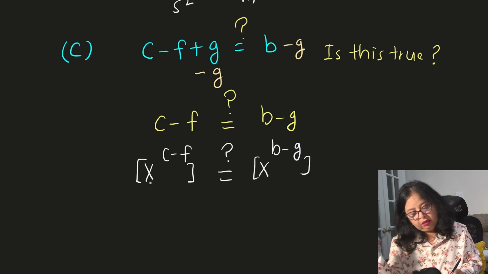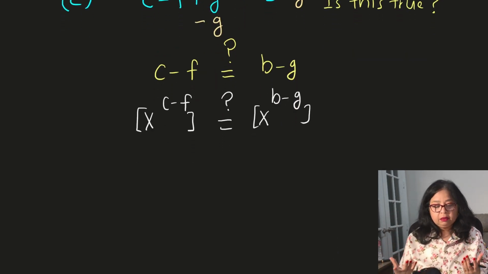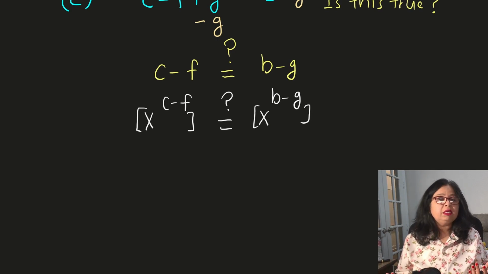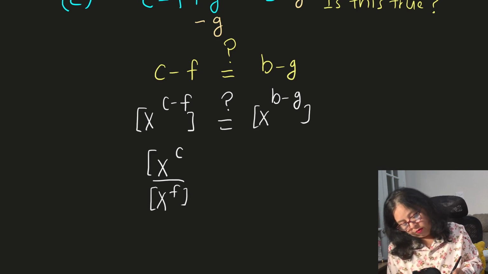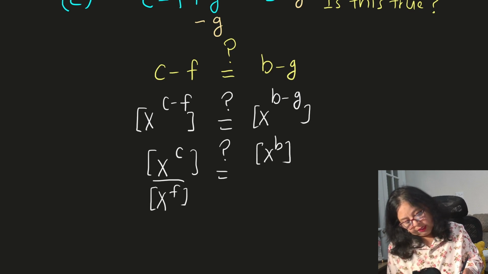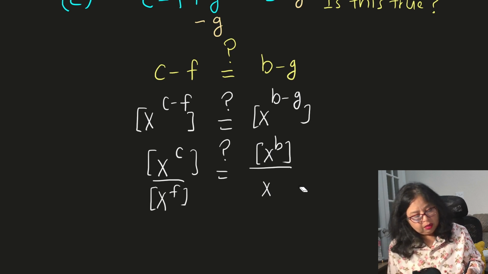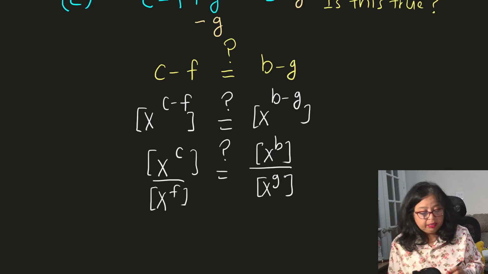And putting these square brackets around each side to represent that I'm dealing with dimensional formulae. Now left hand side will be x to the power c divided by x to the power f. And right hand side will be x to the power b divided by x to the power g. Like this.